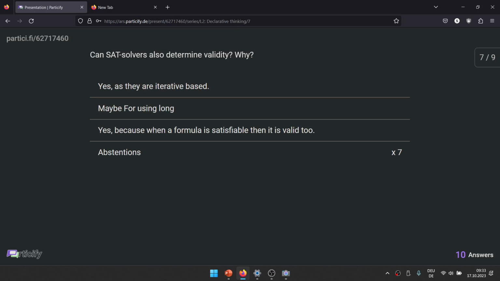Okay, so let's look at some answers. The first one, on the top, says yes, they are iterative based. So what does it mean? We could basically iterate. We could try to find one assignment and then check the next.